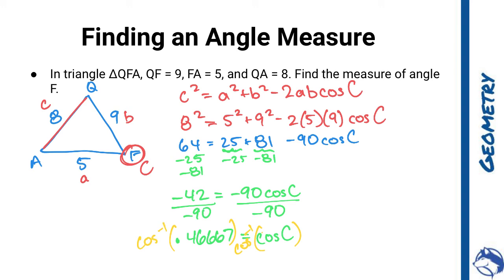And when we do that, I'm going to do second cosine, which gives me the inverse cosine of 0.46667. And so then I get C is equal to 62.18 degrees. And that's my measure of angle F. So really I should write F is equal to 62.18 degrees.